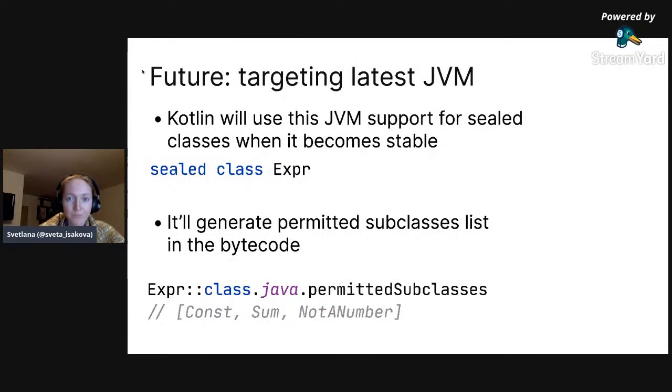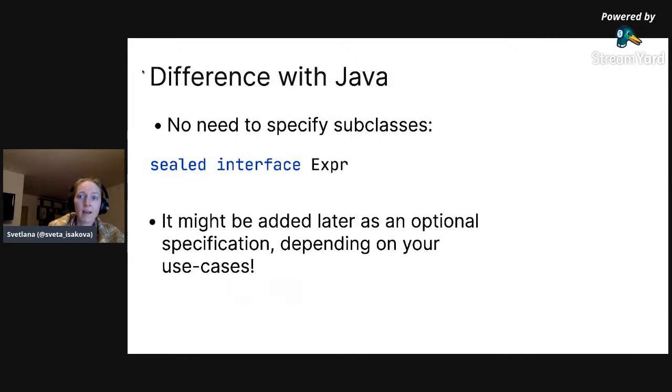In the future, Kotlin will use this new JVM support for sealed classes and interfaces. So when you compile Kotlin to the latest JVM version, this new support can be used. The Kotlin compiler will generate the permitted subclasses list in the bytecode to enable the underlying JVM checks. But in Kotlin, you don't need to specify the subclasses explicitly, so there is no permits list or permits annotation like in Java.